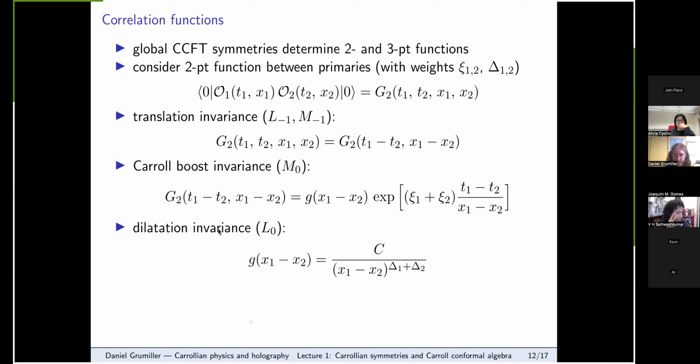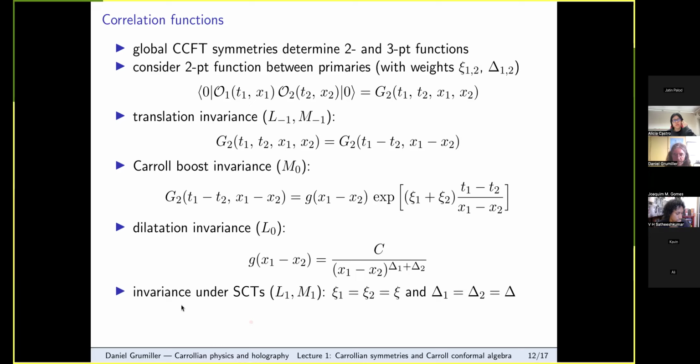Dilatation invariance, like in a relativistic CFT, constrains this function to be monomial. So it has to be some arbitrary normalization constant that we cannot fix, divided by the difference x1 minus x2 to the power delta1 plus delta2. So this is very similar to the relativistic case. And the invariance under special conformal transformations requires that these weights are actually equal to each other.